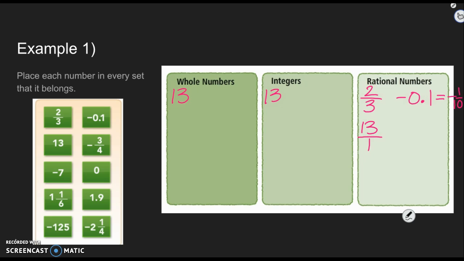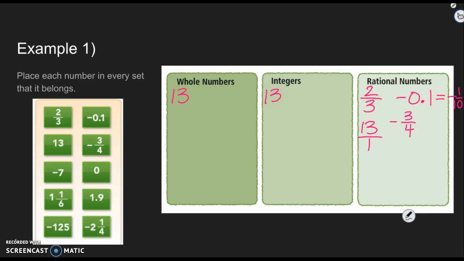Next we have negative 3/4. It's not a whole number, and even though it has a negative sign, it's not an integer. Negative 3/4 is a fraction, which means it is rational. Next we have negative 7. Negative 7 is not a whole number because it's not positive.